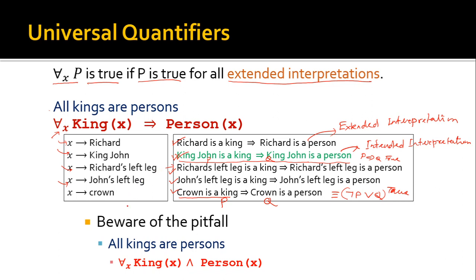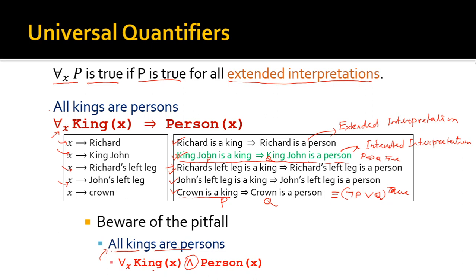But there are some caveats. Many times it is seen that people try to model all kings are persons like for all X, king X and person X. This is a very common mistake people generally make, and you need to be very careful about this. I'll tell you why this kind of representation is not really related to this particular statement.